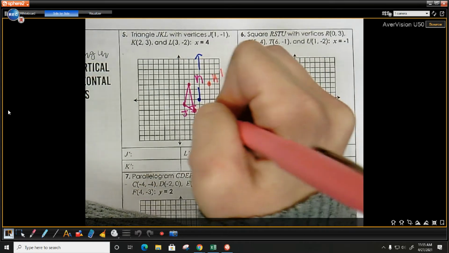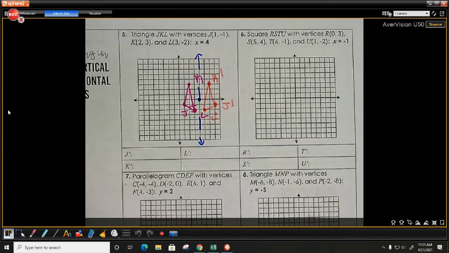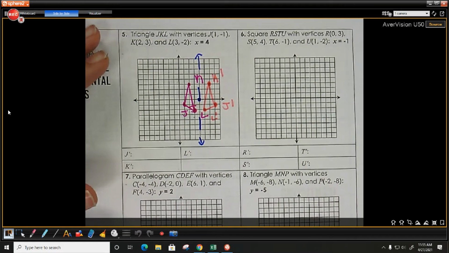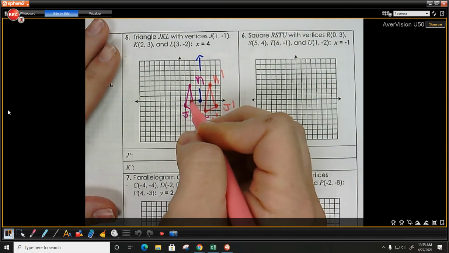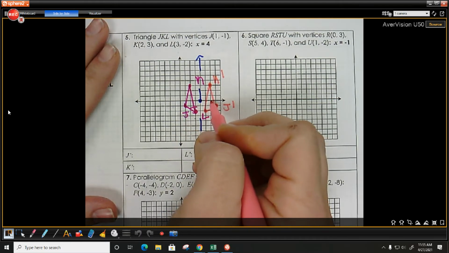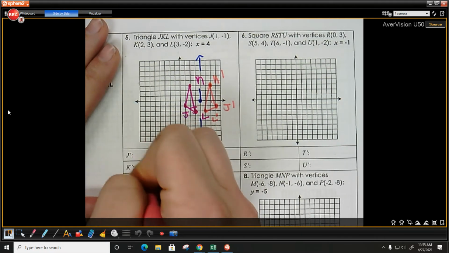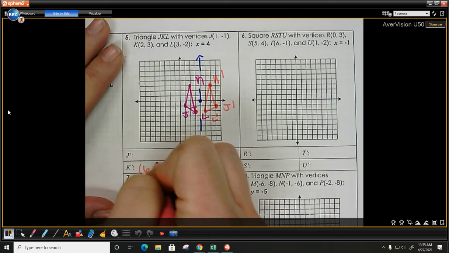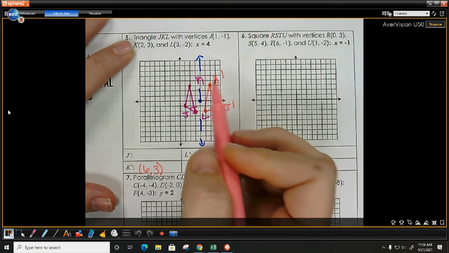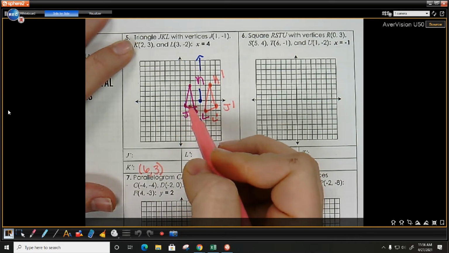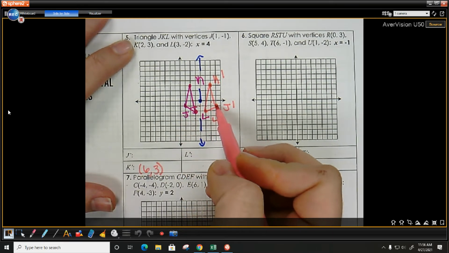Notice when we're reflecting over our vertical line, did the y values change? No. K prime is just now at 1, 2, 3, 4, 5, 6, 3. J is 1, 2, 3, 4, 5, 6, negative 1.